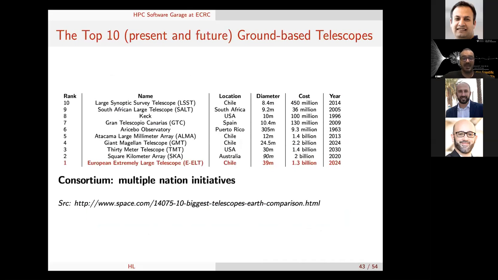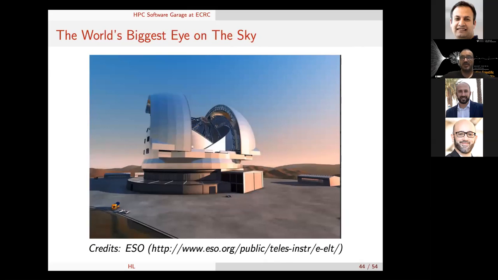The European Extremely Large Telescope is one of the highest challenges for ground-based astronomy, and it's challenging because it has a huge diameter. Huge diameter means that you need to be able to scale up your workload, your simulation, to be up to the challenge of hard and soft real time. So this is the biggest eye on the sky, this ELT.